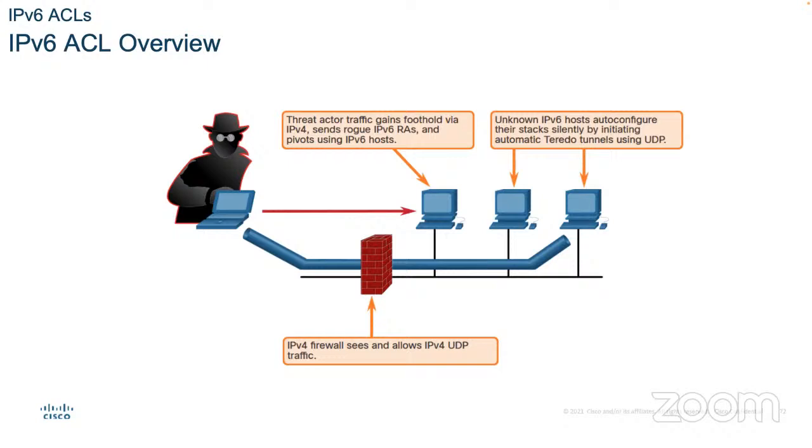Threat actors can accomplish stealth attacks that result in trust exploitation by using dual-stacked hosts, rogue neighbor discovery protocol messages, and tunneling techniques. So we do have to make IPv6 ACLs.